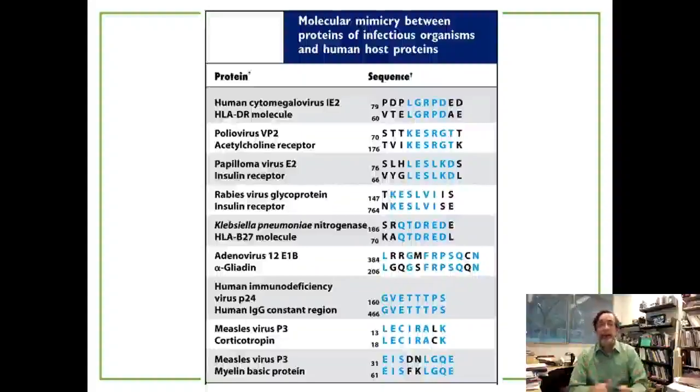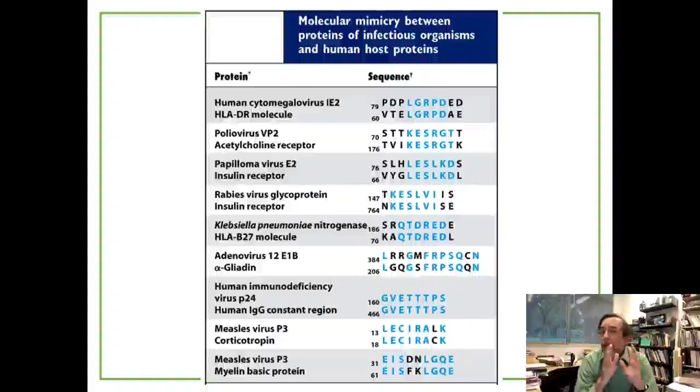They're exactly the same. Poliovirus looks like an acetylcholine receptor. Papillomavirus looks like an insulin receptor sequence. Rabies virus looks like an insulin receptor sequence. There's all sorts of examples of these. So you can see that it comes down to the letters, and you can understand why the T cells are confused.